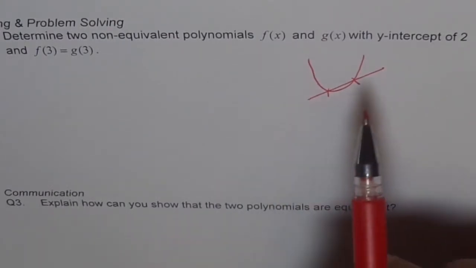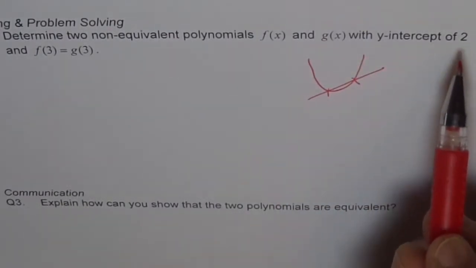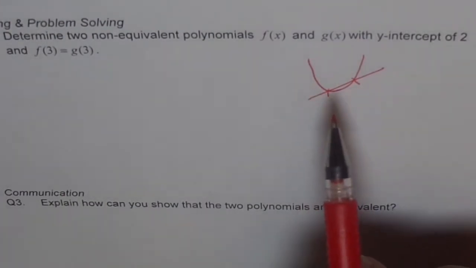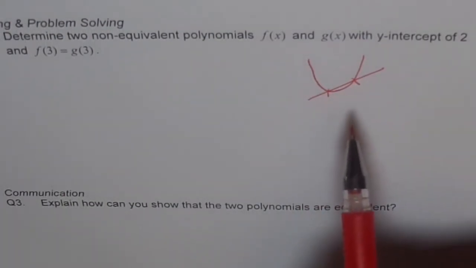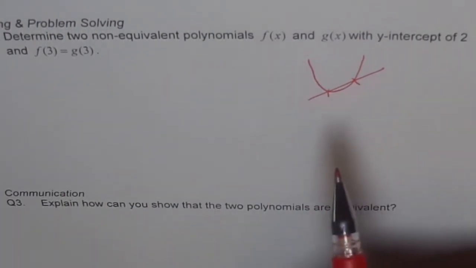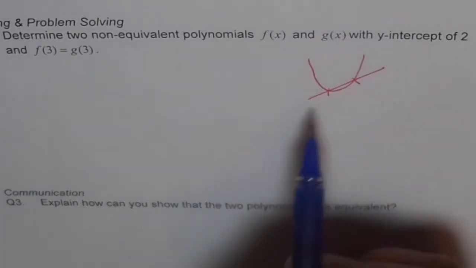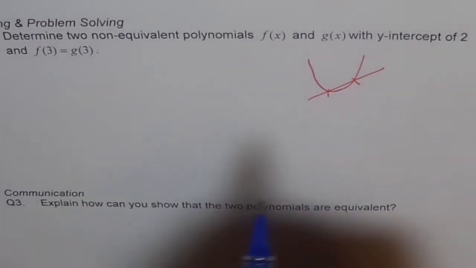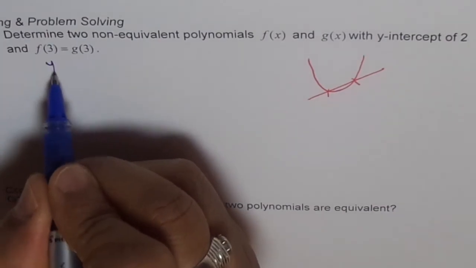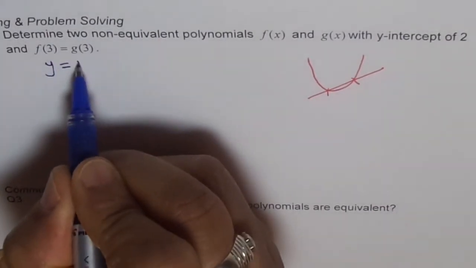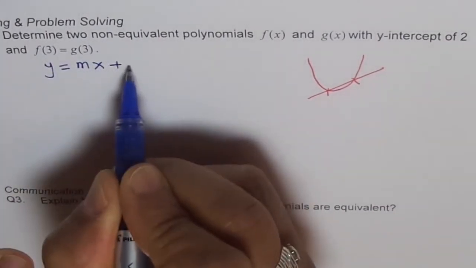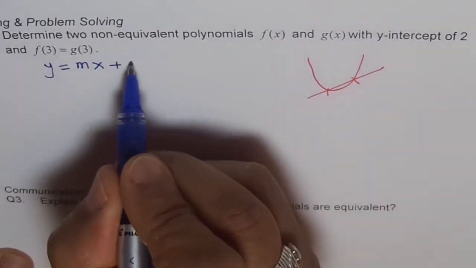Now since we know that the y-intercept is 2, let's assume that our polynomials represent a straight line or a parabola. Since it is a straight line, let me write this as y equals mx plus 2, the y-intercept of 2.